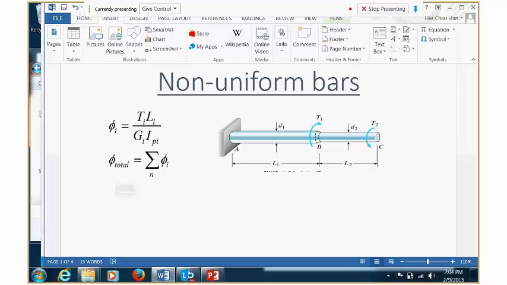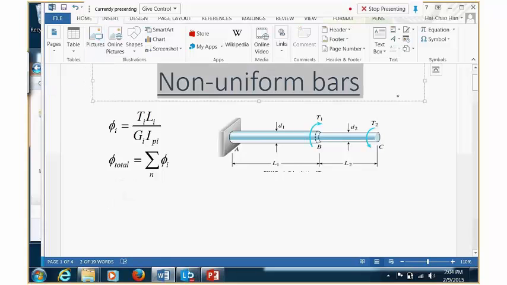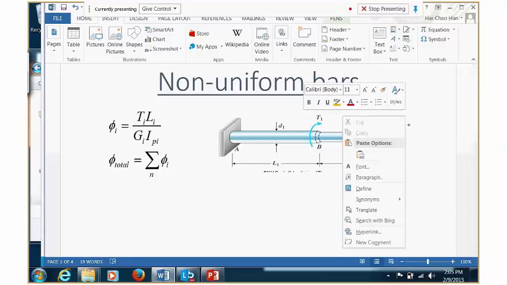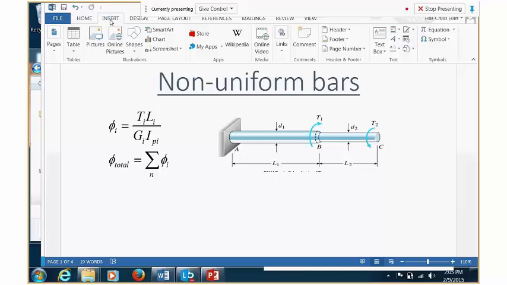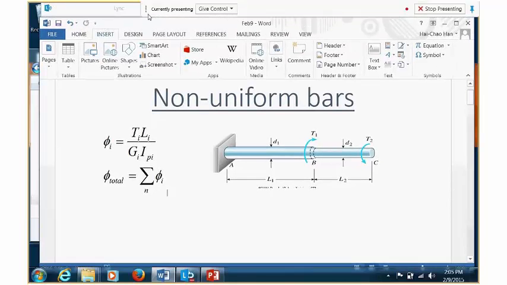Okay, give me one second. I just need to pull this down a little bit. Okay, here is insert.